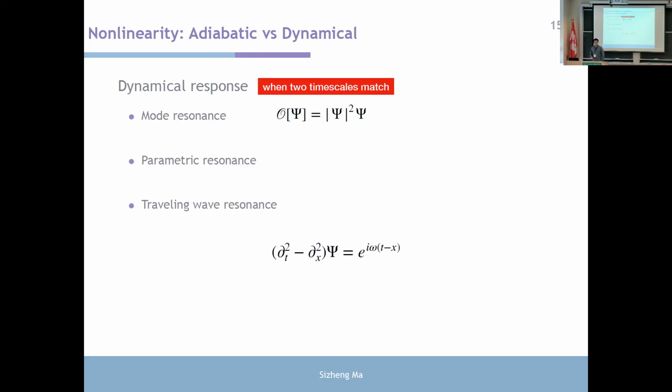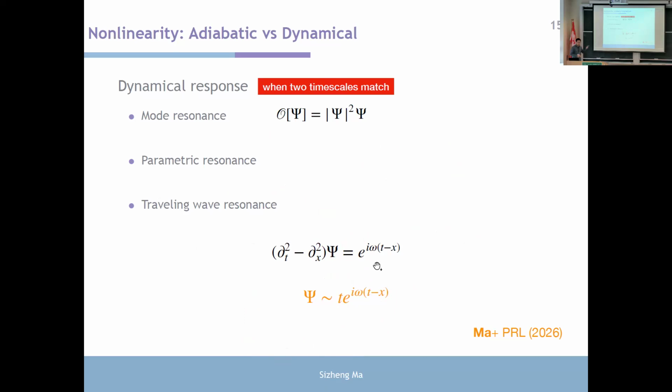Its particular solution is given by t times e^{iω(t-x)}. This t factor says that the wave equation is always resonantly excited. And very importantly, this flat spacetime doesn't have any internal eigenfrequencies, and as a result, this ω can take any real value.